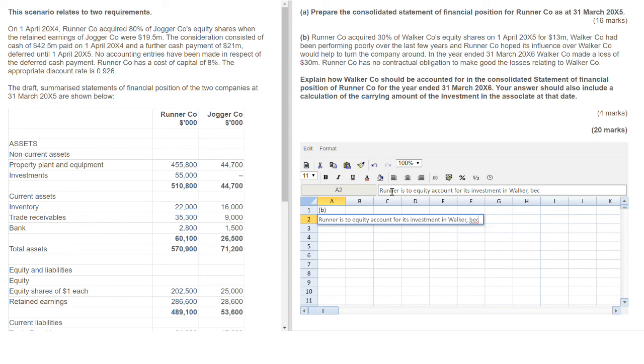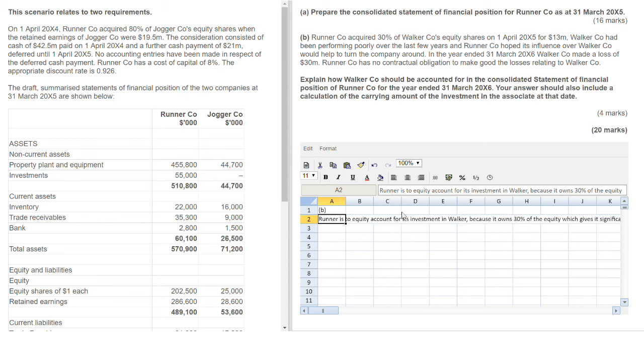Because, if I can spell properly, because it owns 30% of the equity, which gives it significant influence.